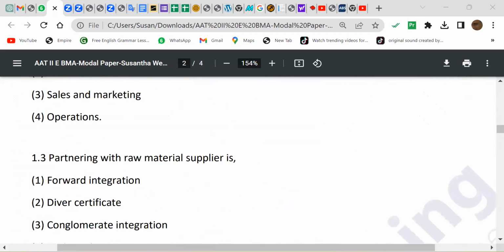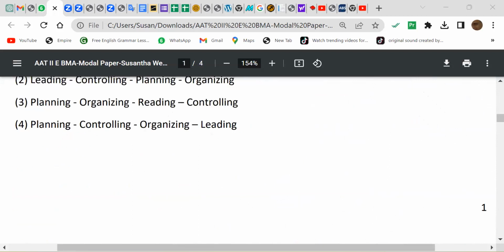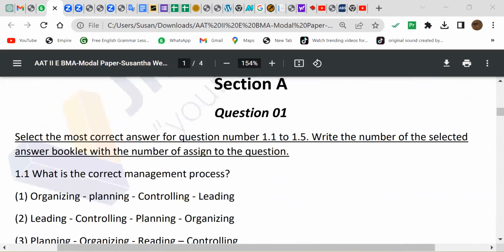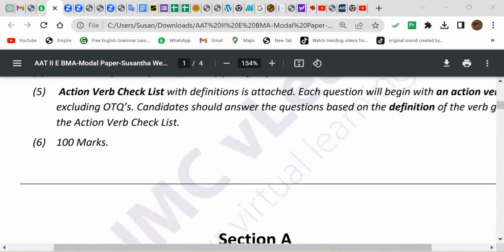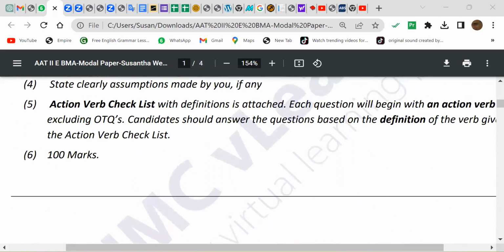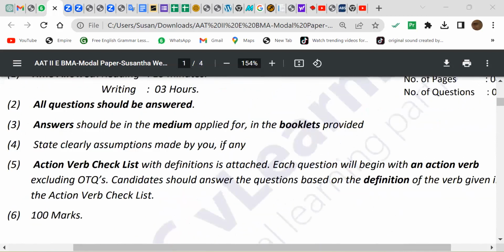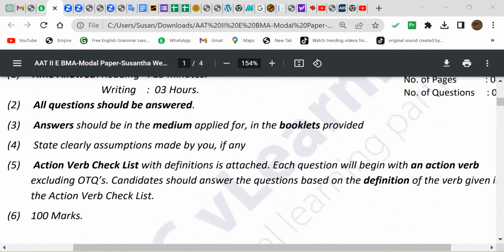There are no possible questions like that, that means out of your study text. I have an action verb list, but I have not included it in this paper. Download any related BMA paper from the AAT website, and you can get the action verbs for this paper.